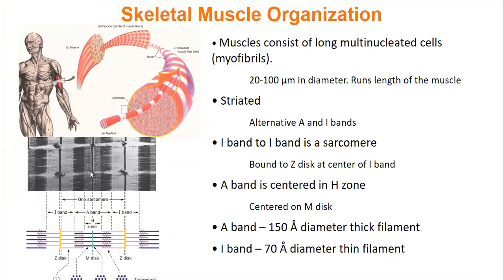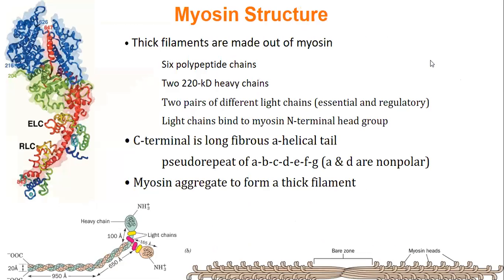The bare zone is kind of like the H zone. And then here we have the myosin heads, right? But all those myosins are more or less connected. That's kind of what's going on there. So these are your myosin. Have this dark image in your mind, and then we go back, and that's actually what it is. It's proteins.